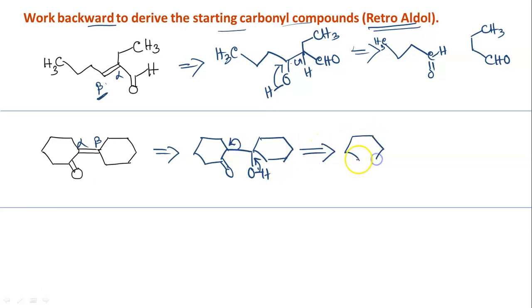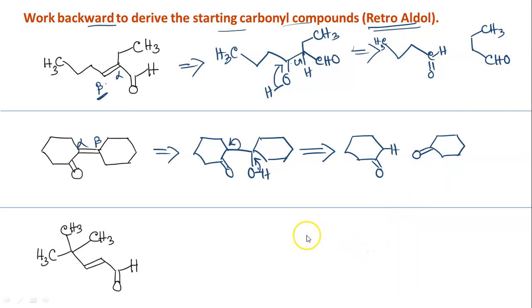So from this side we will get cyclohexanone, and here also we will have, actually this is also the same molecule, so this is also a self aldol reaction. Two molecules of cyclohexanone.